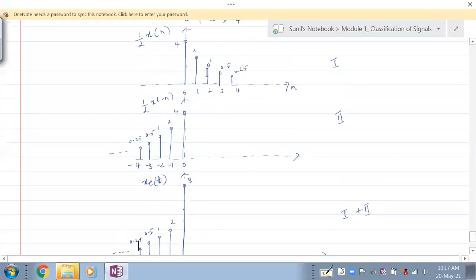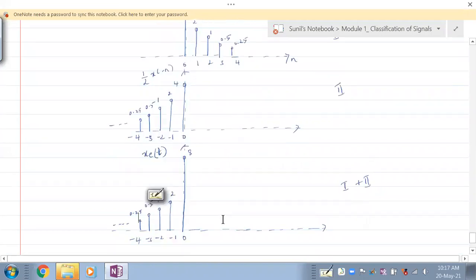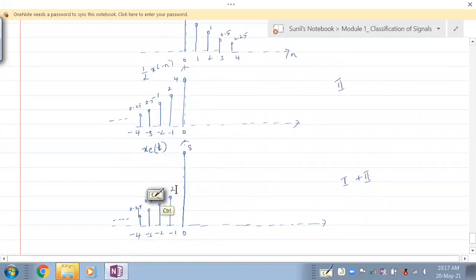because here you have these samples and here you don't have any samples at 1, 2, 3, 4. So whatever is there at 1, 2, 3, 4 up to infinity, the same samples will remain on the right hand side of the even signal, because it's 0 samples here and here you have some samples. So these samples plus 0 would get you the same samples. So this is how it is going to look like.